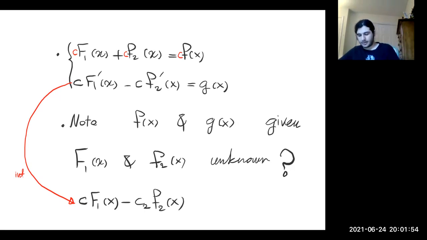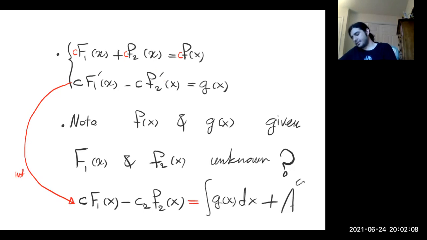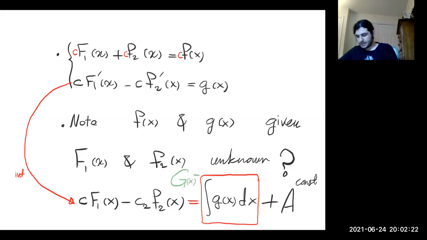When we apply the antiderivative, it cancels the derivatives we have here. This would be equal to the integral of g(x) dx, and then we would have a constant. This integral would be a function of x. Let's use capital G(x) to denote this integral.